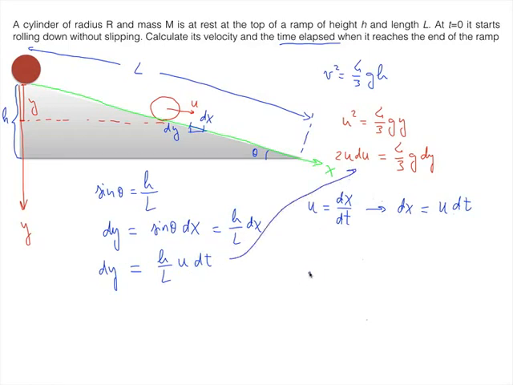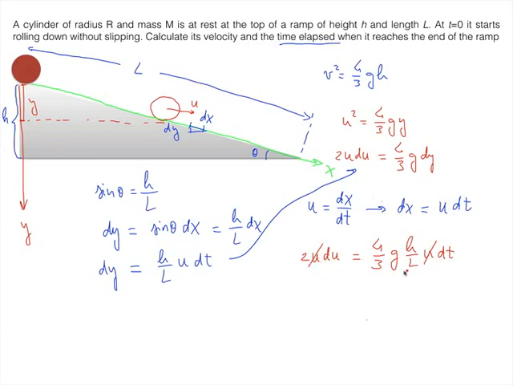So I will use red again. We can get 2 times u differential of u equals 4/3 g h over L u differential of time. And we can cancel out u, the velocity.